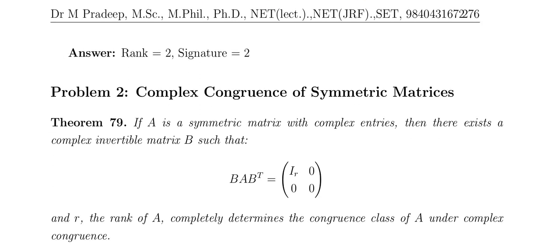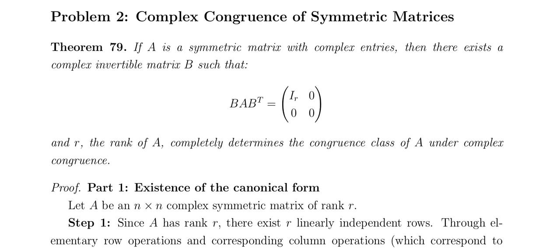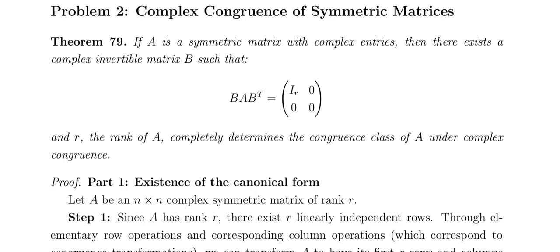And the complex congruence of symmetric matrices: if A is a symmetric matrix with complex entries, then there exists a complex invertible matrix B such that B A B transpose equals the block matrix I_R, 0, 0, 0, where R is the rank of A, and this determines the congruence class of A under complex congruence.